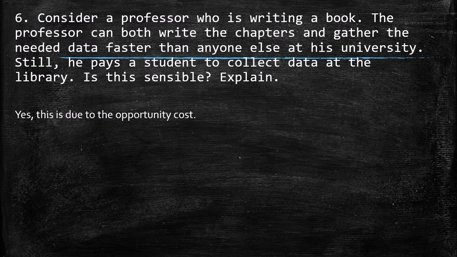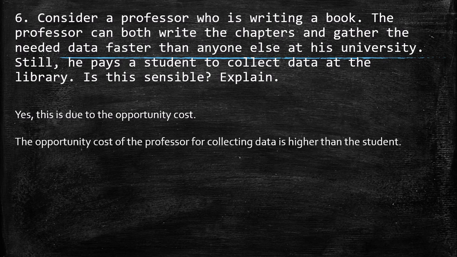This is due to the opportunity cost. What is the resource limit for the professor? The time. So he cannot do both tasks at the same time. We know that the opportunity cost of the professor for collecting data is higher than the student's. So the professor is going to do what he knows he is better at.